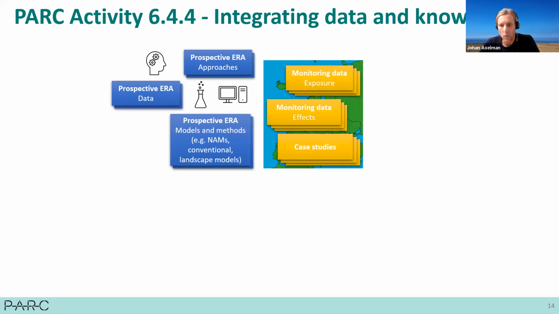So a large part of our work is actually gathering and assembling monitoring data, both on exposure and on effects from throughout Europe, but also linked to case studies being performed in the environment, where we can also test hypotheses by framing and designing the studies so that we can test the critical hypothesis on what are key drivers, for example, for environmental impact.